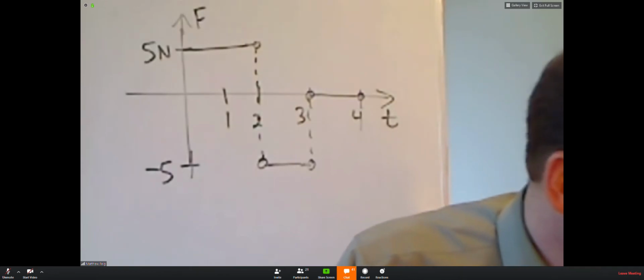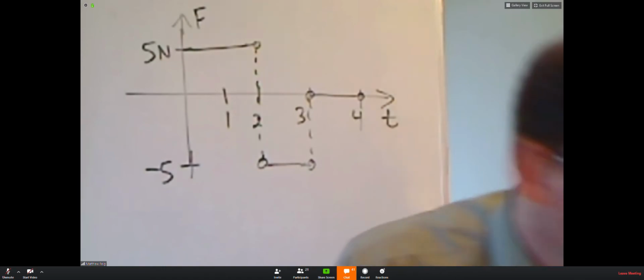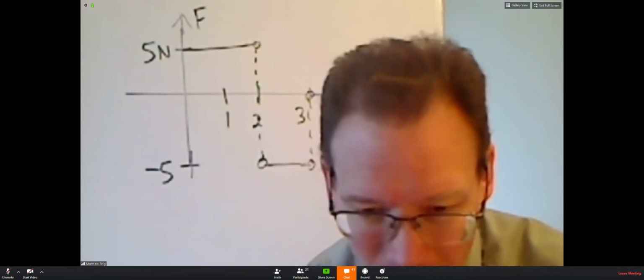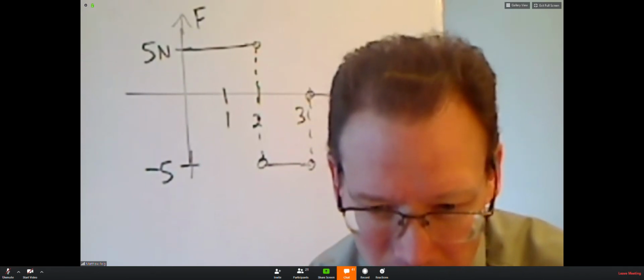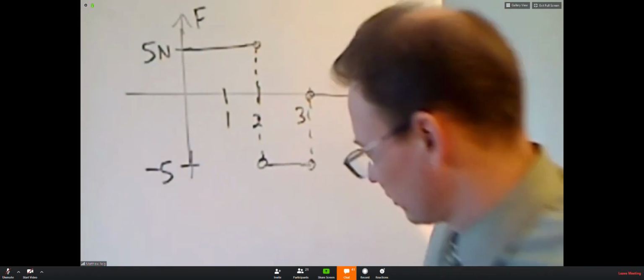Trying to find the numbers here. Okay. What does a sine wave look like? Let's try this. This isn't going to, well, you know, what does a sine wave look like?